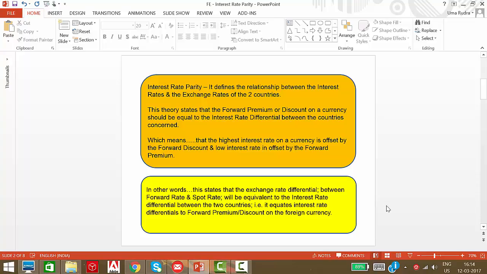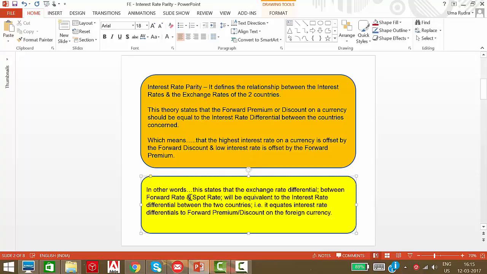So the highest interest rate on a currency is offset by the forward discount, and low interest rate is offset by the forward premium.